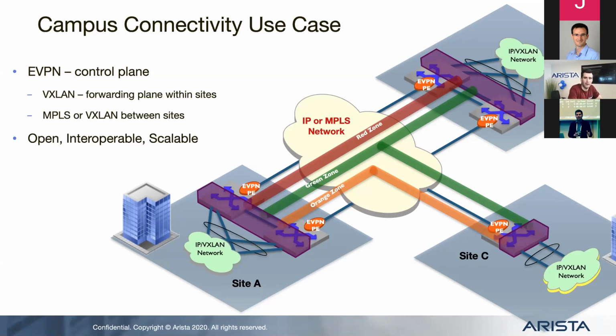So when thinking about these different environments and use cases, and who uses them, like service providers, enterprises, or Web 2.0 or cloud type customers, there's always the question of how you would like to deploy this. Do you want to provide layer 2 connectivity, layer 3, or maybe combine the two?